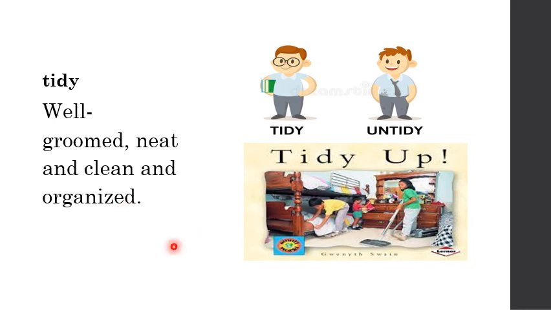When you go to school and your uniform is neat and clean and you are well groomed, that means you are a tidy person. Of course, the opposite of a tidy person is untidy. If you are untidy, you are not well groomed, not clean and neat, and not an organized person. Like this. What do you think they are doing? They are cleaning their room, no? They are tidy.